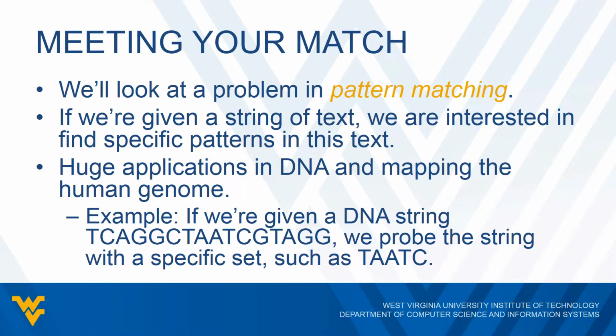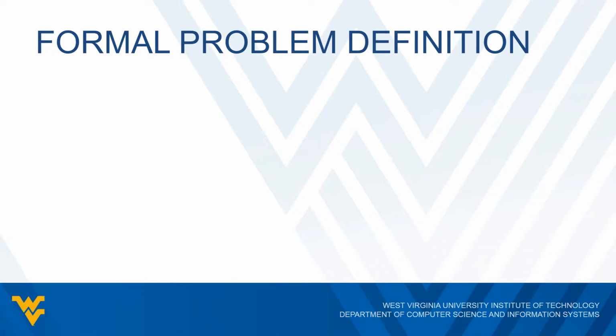I think it's right here. Here we go. So we will look for that particular portion of the string. And this is used for looking for particular types of diseases, different types of defects. So there are some huge applications for these pattern matching problems and algorithms that we're going to be talking about.